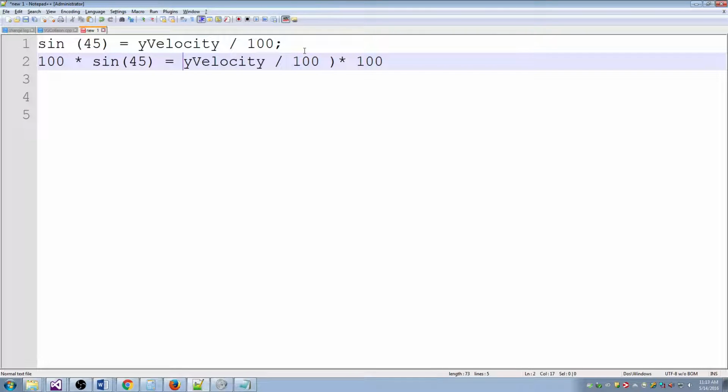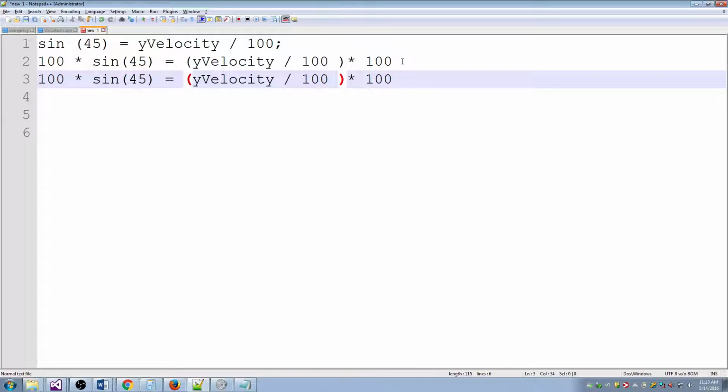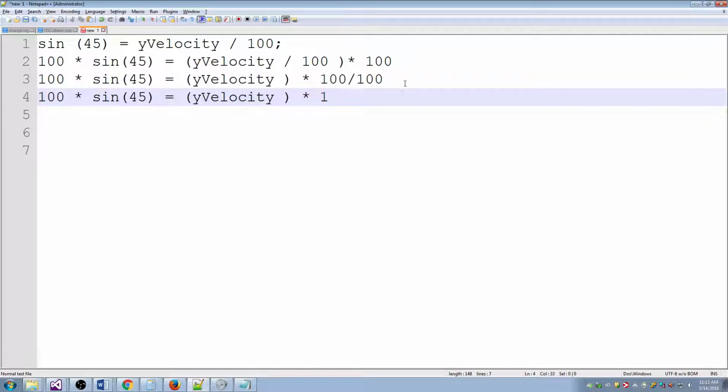I know I'm doing an algebra lesson here. This is equal to the same thing as y velocity divided by 100 times 100, so that 100 over 100 is equal to 1. It cancels out. Then the answer is my y velocity is equal to 100 times the sine of this angle.